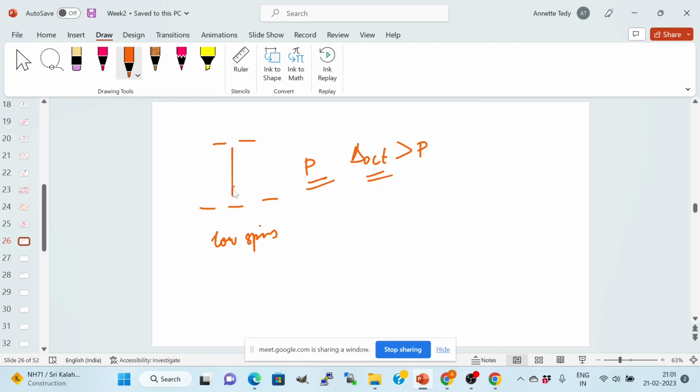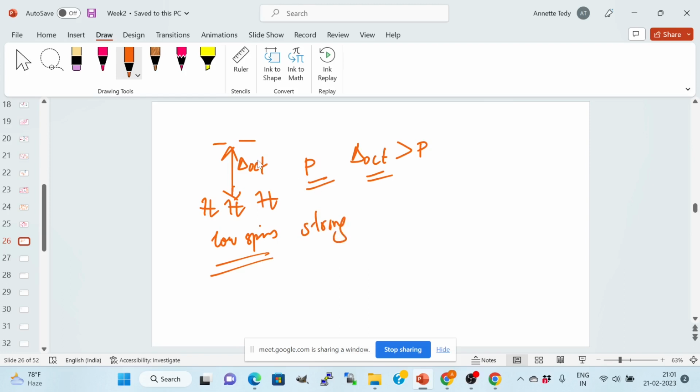So whenever this delta oct is so high, the electron can't go there, so it will just pair up. First it will pair up, then it will go here. That's how we get the low spin, or what we call the strong field ligand.